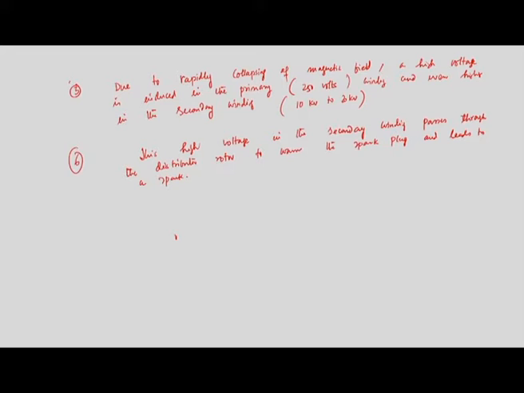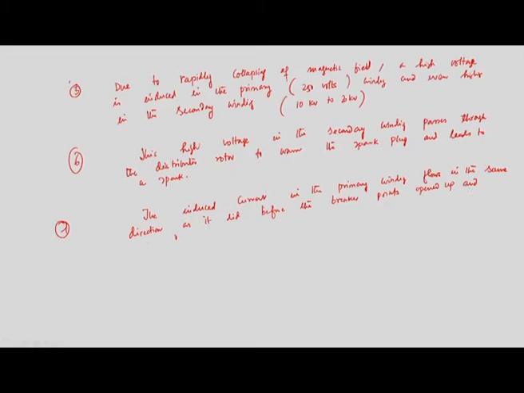Now, number 7, very important: the induced current in the primary circuit flows in the same direction as it did before the breaker points opened up, and charges the condenser.